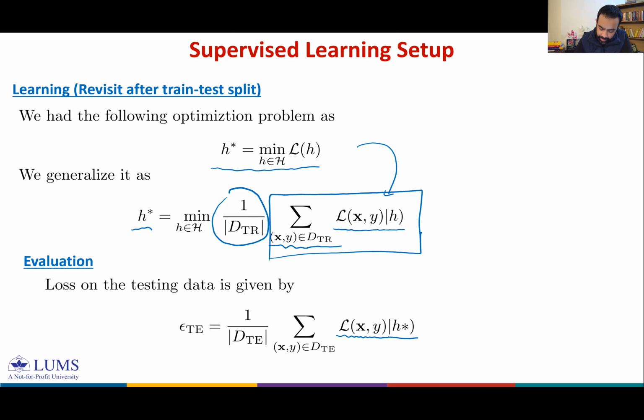See the difference between these two. In the first one, we have loss of xy given H, and here loss of xy given H star. So we have determined H star now.